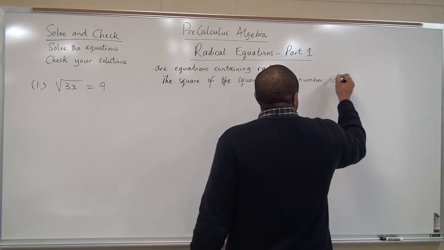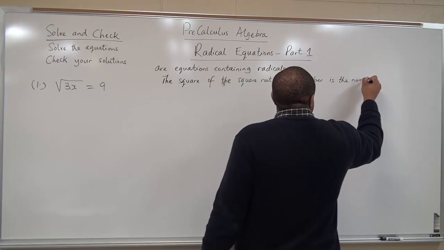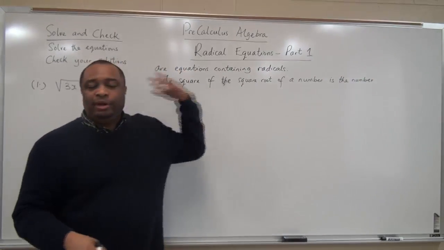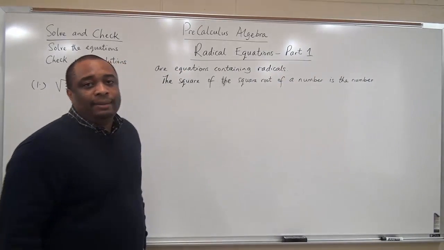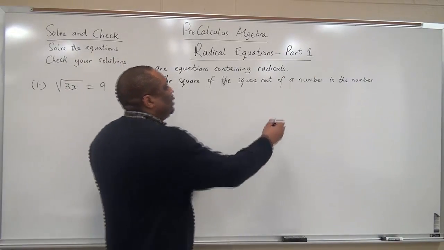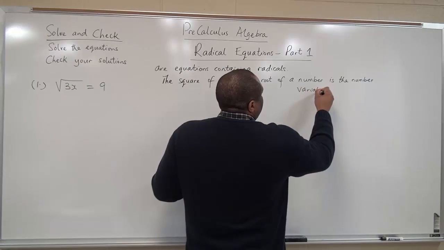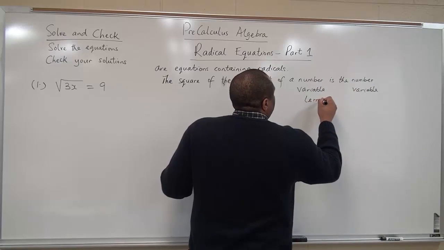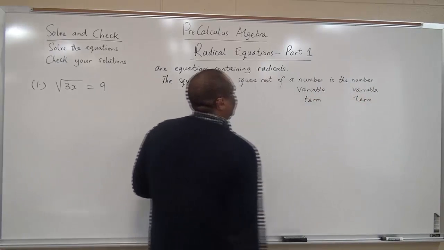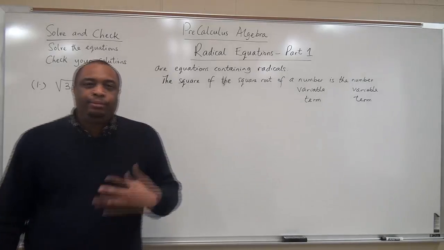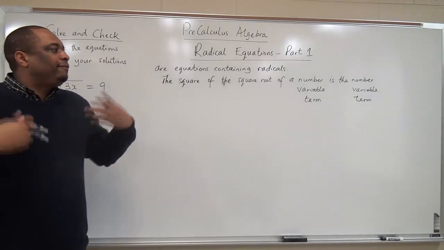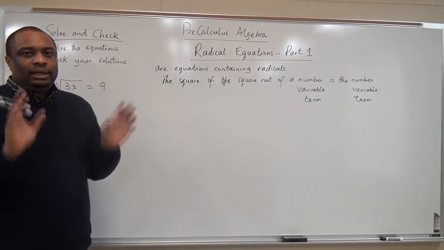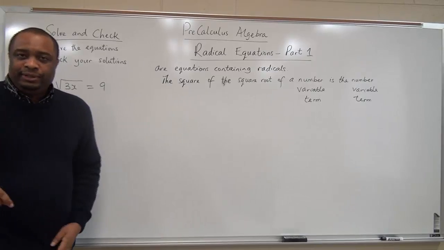The square of the square root of a term or a variable, anything, is that term. Whether it's a number or a variable, the variable is the variable, the term is the term. The same thing with cubes and cube roots. The cube of the cube root of a number is the number. So that is the main reason why we want to remove this radical.